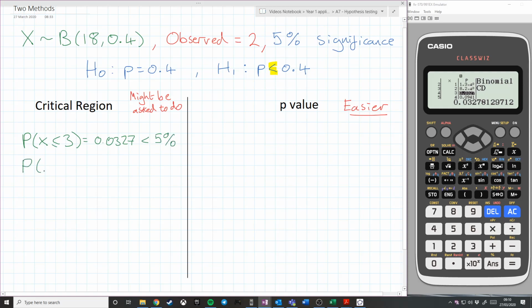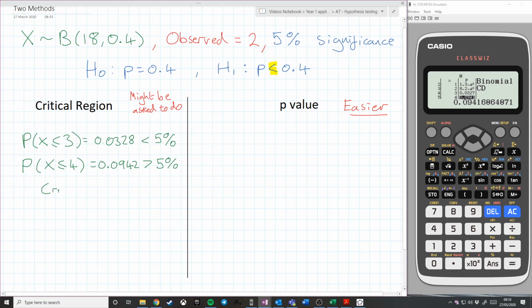And the probability of x less than or equal to 4 is equal to, I keep making this mistake because of that extra digit, 0.0942, which is greater than 5%.